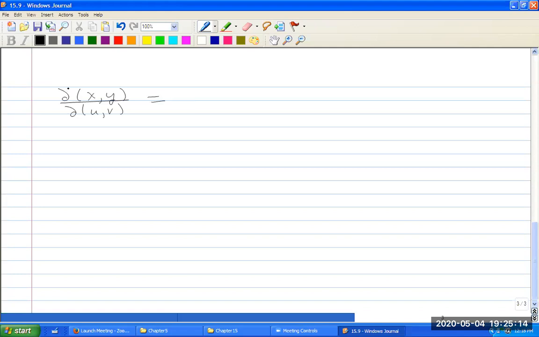And maybe I'll do it in small notation. So the partial of x with respect to u, partial of x with respect to v, partial y with respect to u, partial y with respect to v. Okay. So let's figure out what each of these are.